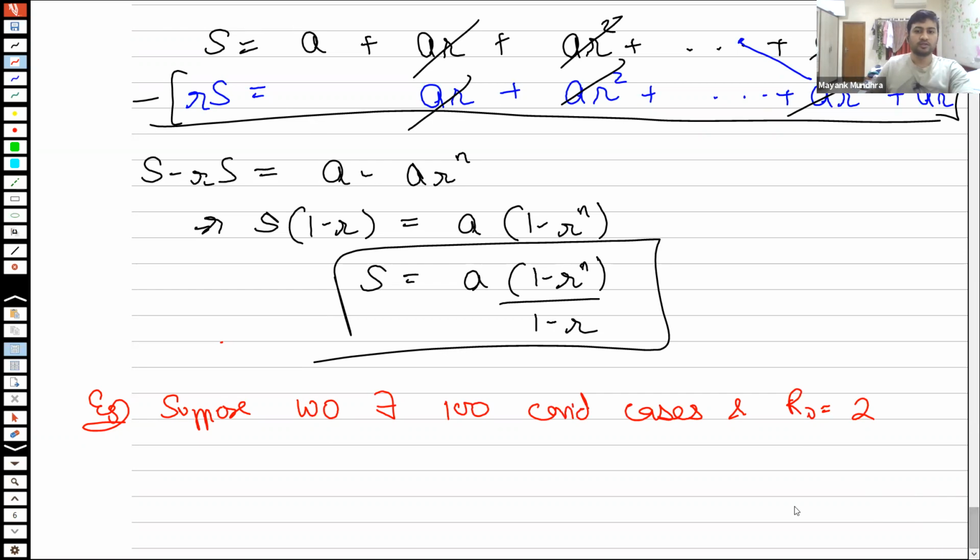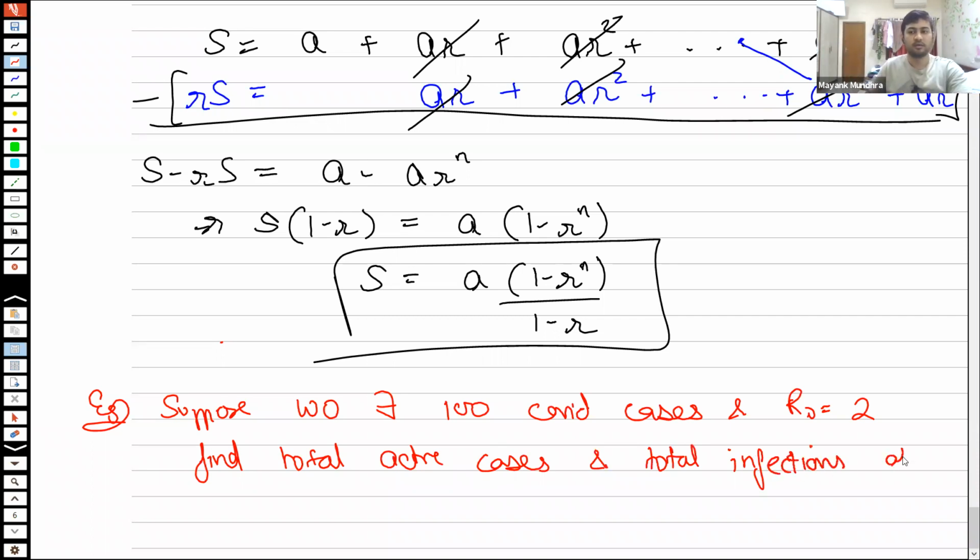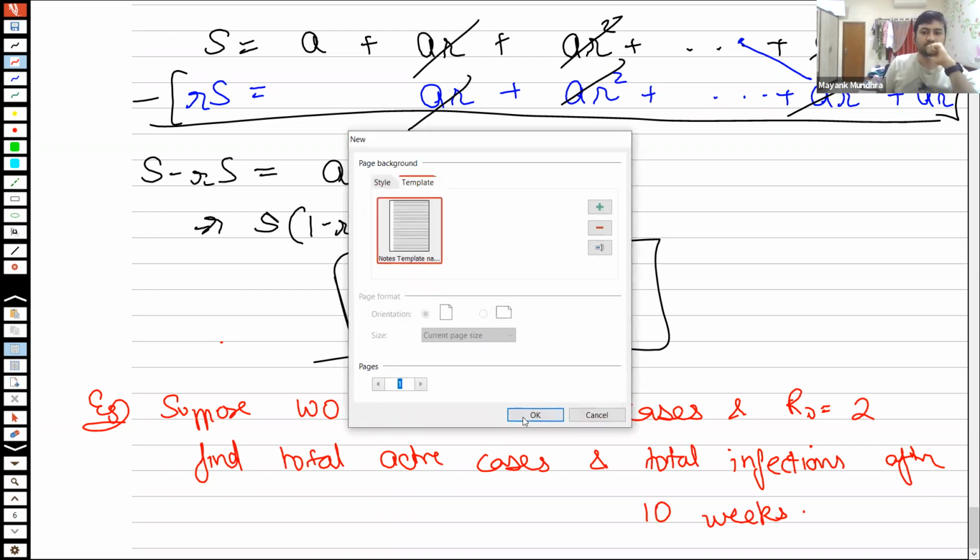So find total active cases and total infections. Total infections is all infections from the start of time. After 10 weeks, that is roughly 2.5.